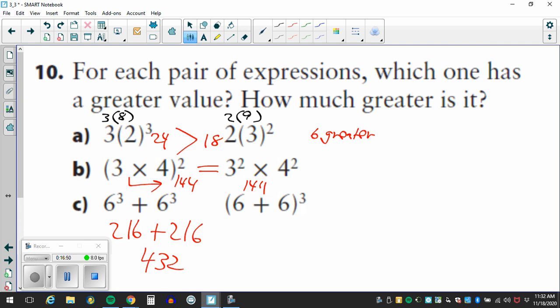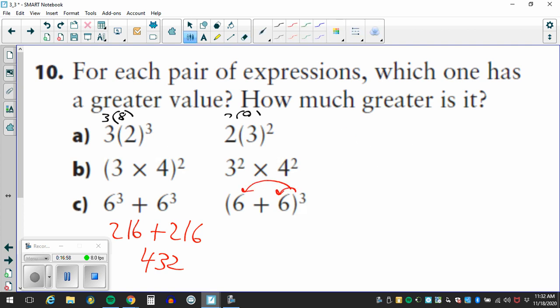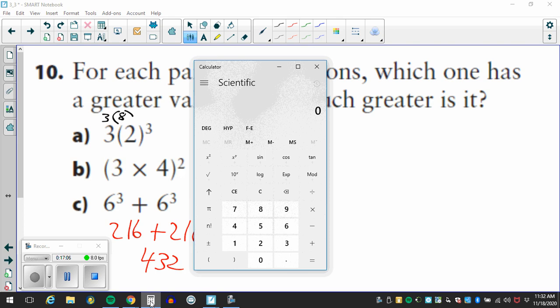Over here, some people think that you can apply the same law that you did with b. You can apply the exponent of 3 to both of these, but it does not work for sum or difference, just product and quotient. So here we actually have to take our 12 and cube it. If I take my 12, I can do that cube button right there.